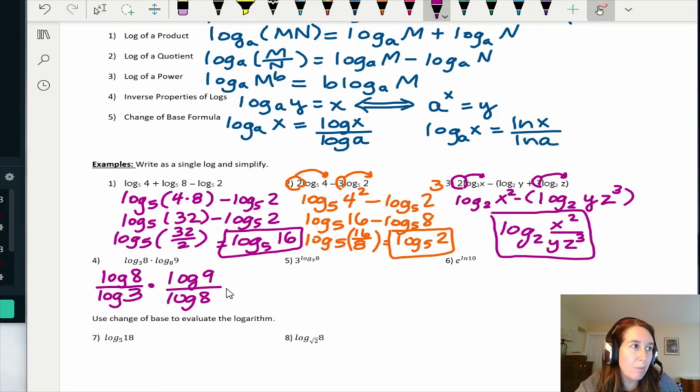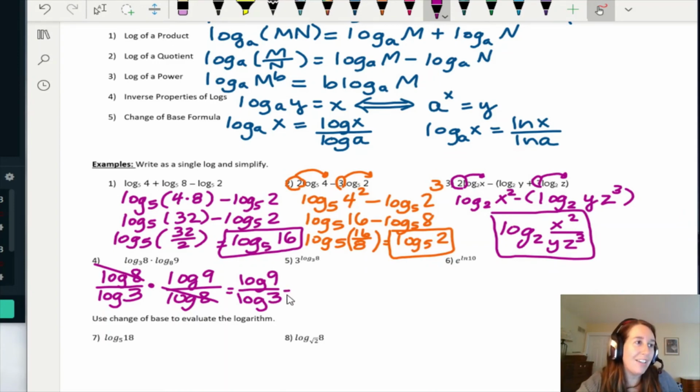Now we have some simple algebra that we can perform. Log of 8 divided by log of 8 is 1 because anything divided by itself is 1, right? So now I have log of 9 divided by log of 3, okay?